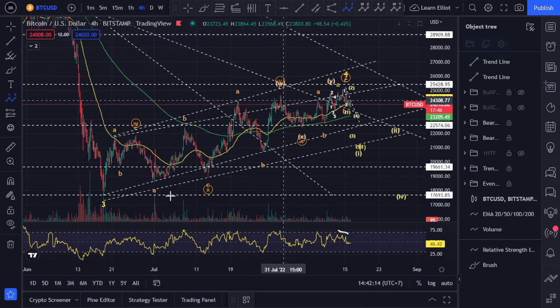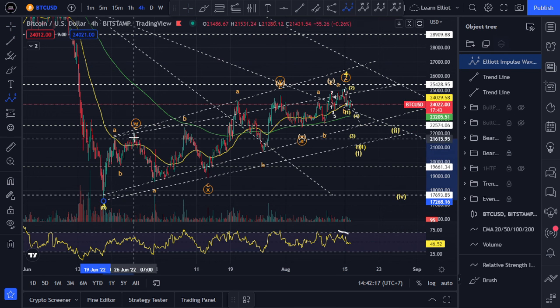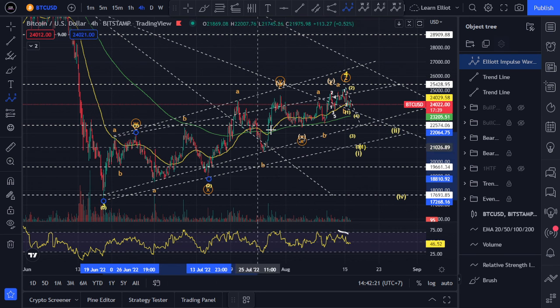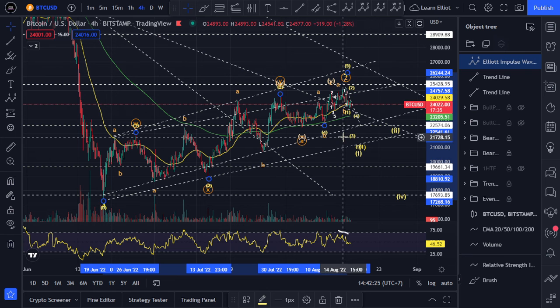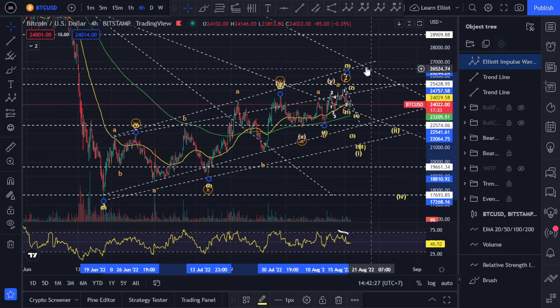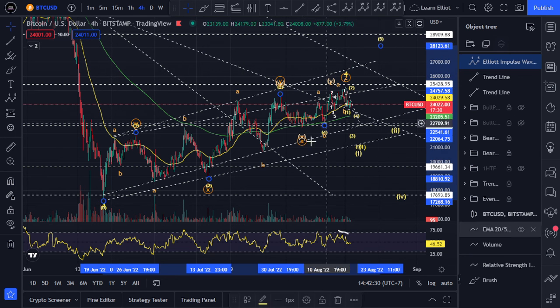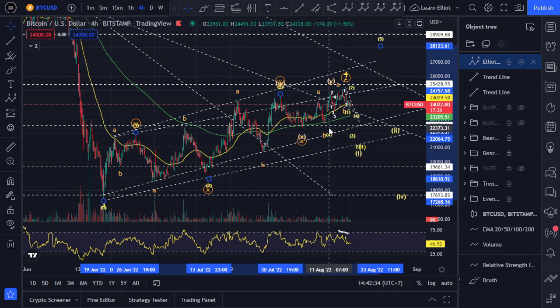Inside this leading diagonal, we are able to assume that this is the first wave, the second wave, the third wave, the fourth wave, and the fifth wave. Or the fifth wave has not been completed yet, and this is the fourth wave here, somewhere around here.